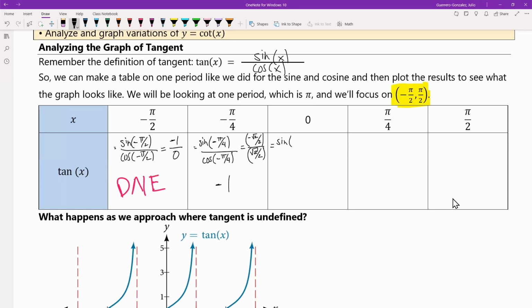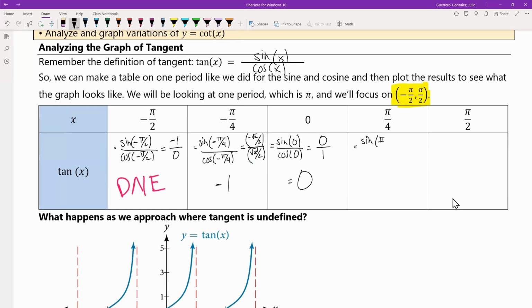Moving along. When x is 0, this is going to be sine of 0 divided by cosine of 0. Okay, 0, not theta, 0. This is equal to 0 divided by 1. This is something that's defined. This is equal to 0. Moving on, pi over 4.